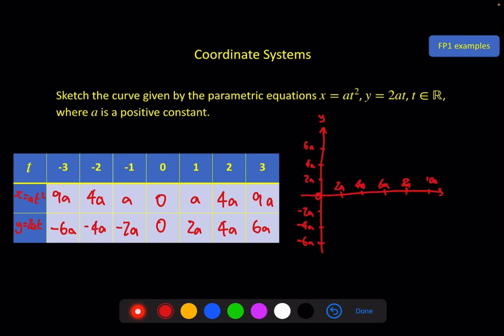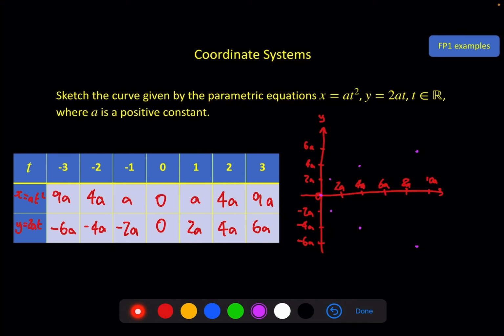And then we go ahead and sketch our points. So we have 9a, minus 6a, that's down here somewhere, 4a, minus 4a, a, minus 2a, 0, 0, a, 2a, 4a, 4a, and 9a, 6a.